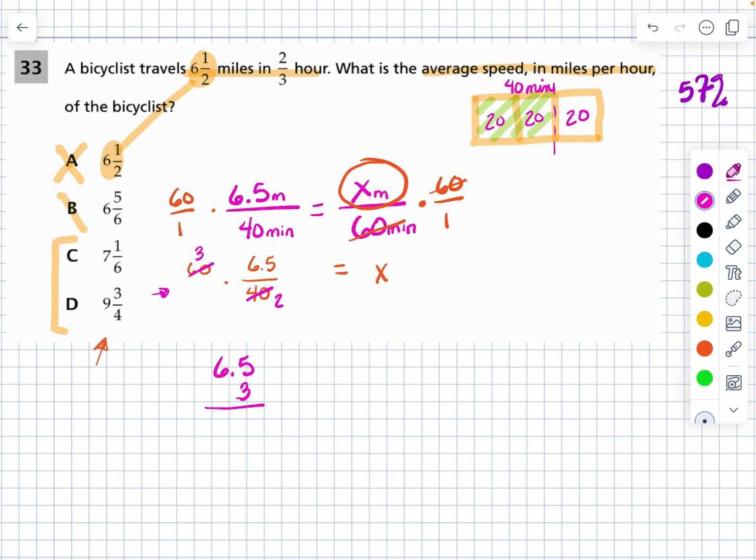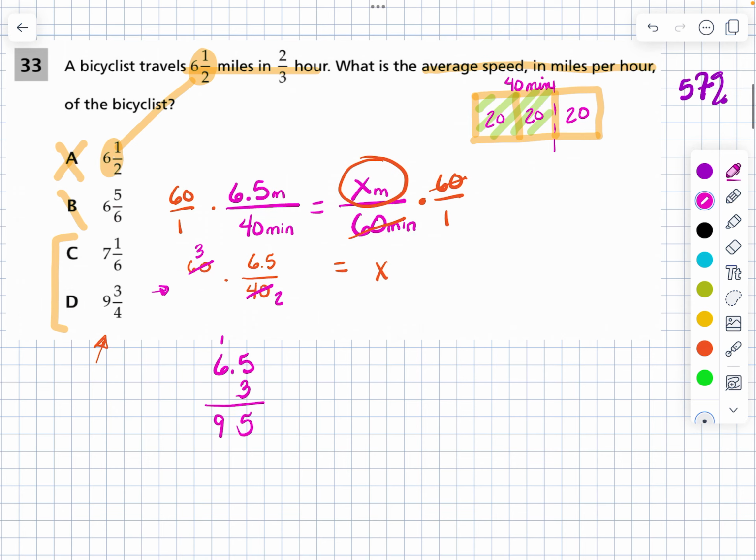Let's do that piece first. 3 times 5 is 15, 3 times 6 is 18, and 1 is 19. And then I've got 1 decimal point that I need to deal with. Okay, so we have 19.5 for the numerator, and now I need to divide 19.5 divided by 2.